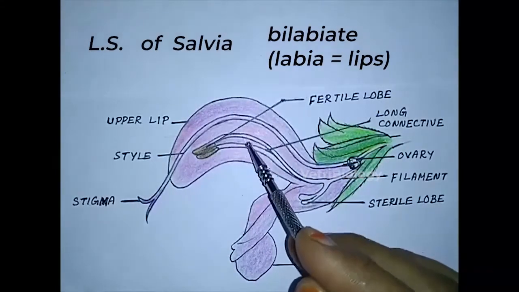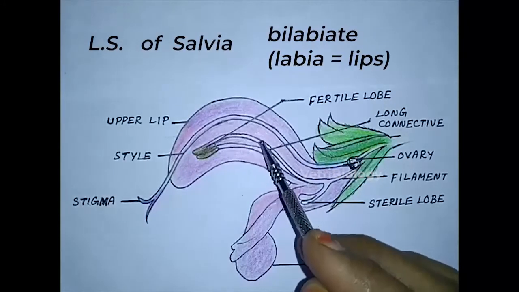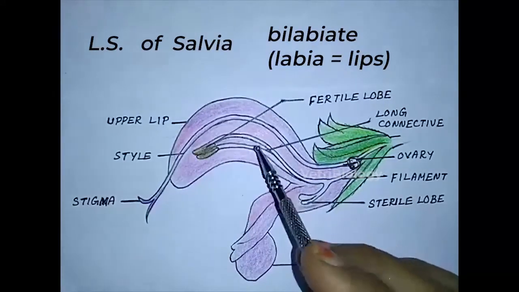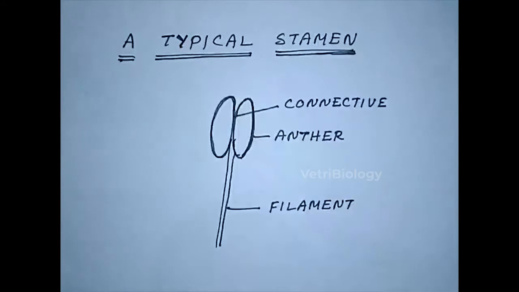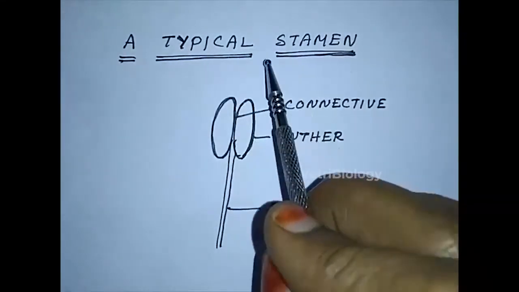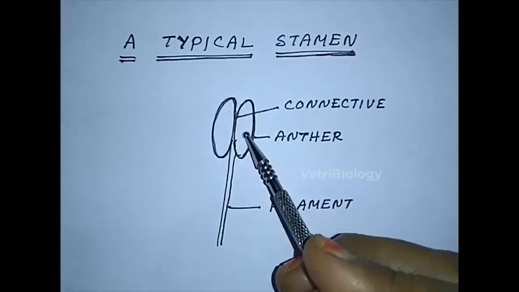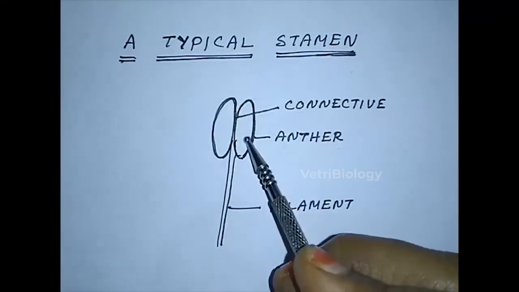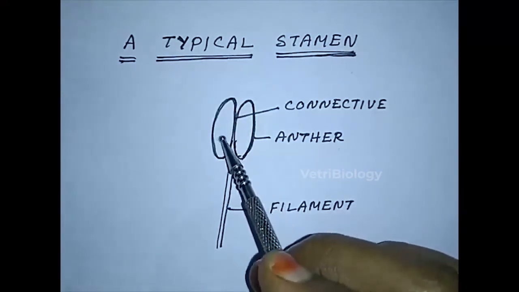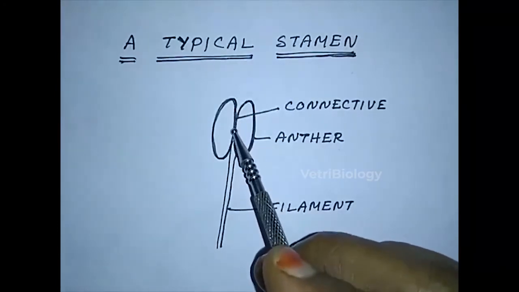Now, let us see how the stamens look. It has 2 stamens. These stamens are different from the normal stamen. You know the structure of normal stamen. This is the structure of typical stamen, that is normal stamen. Stamen consists of anther and filament. The anther is bilobed. It has 2 lobes, and these lobes are separated by a connective.